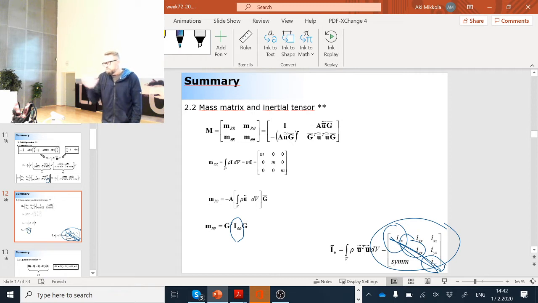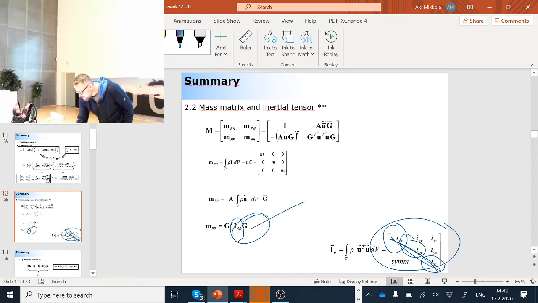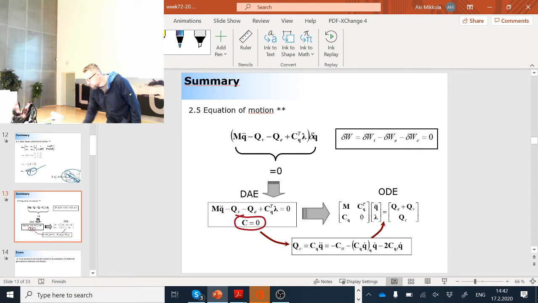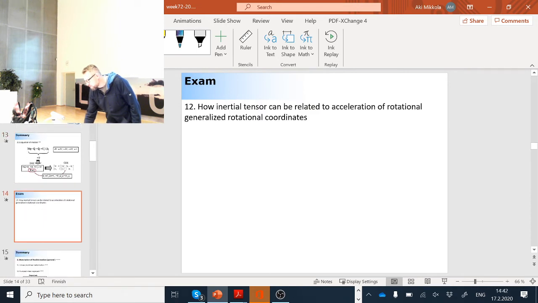But because this is what you learned already a million years ago, we're not going to discuss that so much. But we discuss this rescue G matrix. Okay. Equation of motion, we are not going to discuss that because we learned that already a while ago.